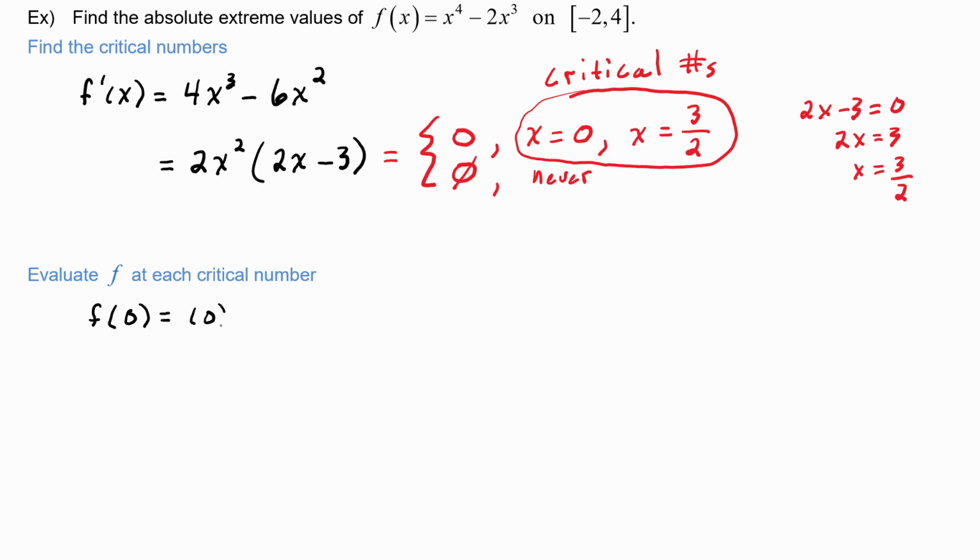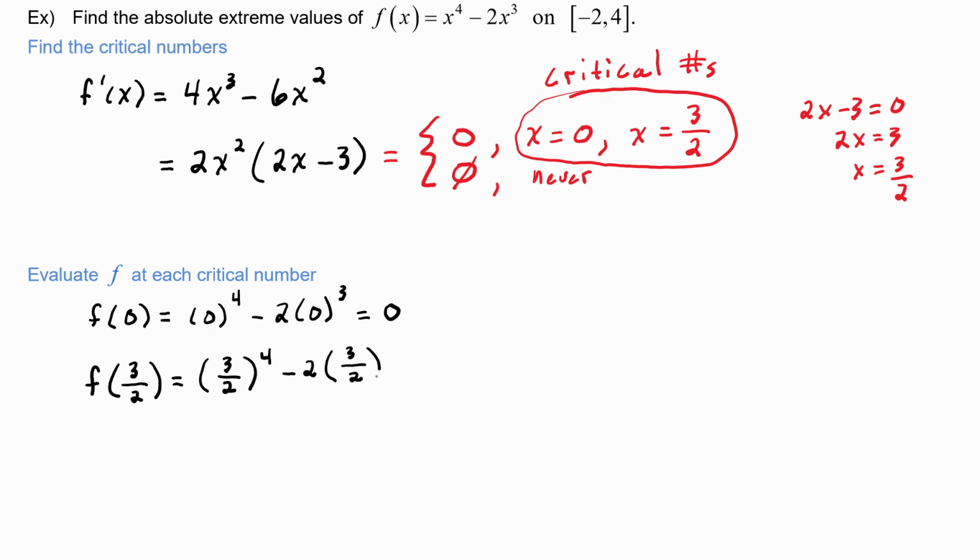So that would be 0 to the 4th minus 2 times 0 cubed, which of course is 0. We also have to evaluate f of 3/2. So that will be 3/2 to the 4th minus 2 times 3/2 cubed.